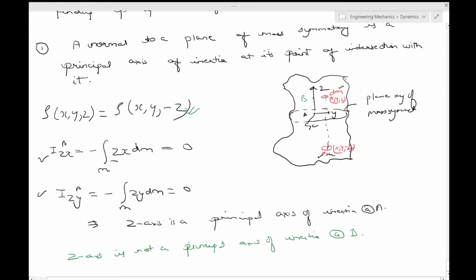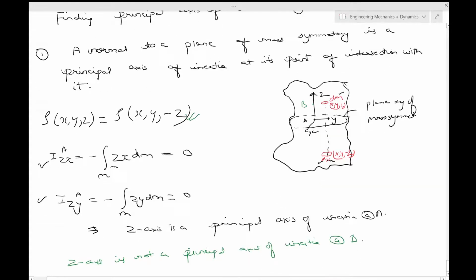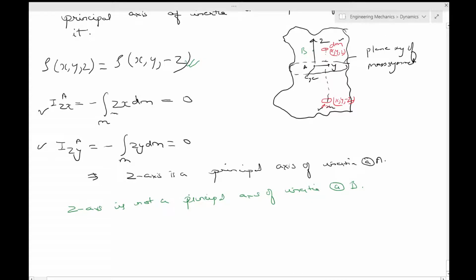Just like it says over here, a normal to a plane of mass symmetry is a principal axis of inertia at its point of intersection with it. So B is not really lying on the plane of symmetry, and hence Z will not be 0, and all these products will not be 0 about B. Clearly, if you have a thin plate, the points A and B will not be very different.